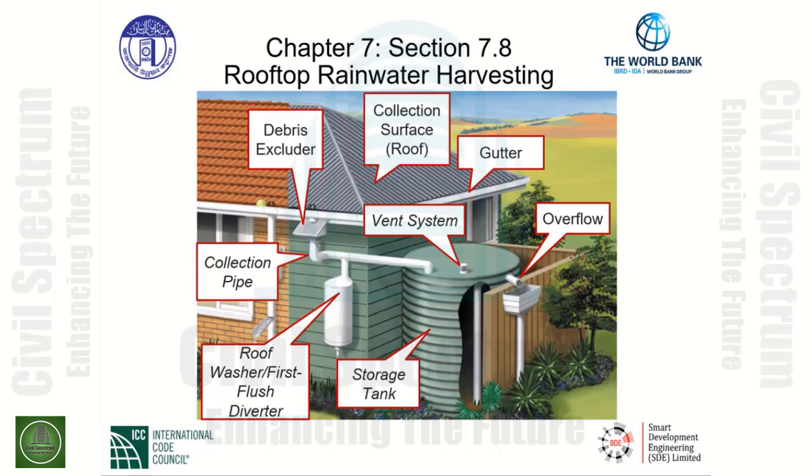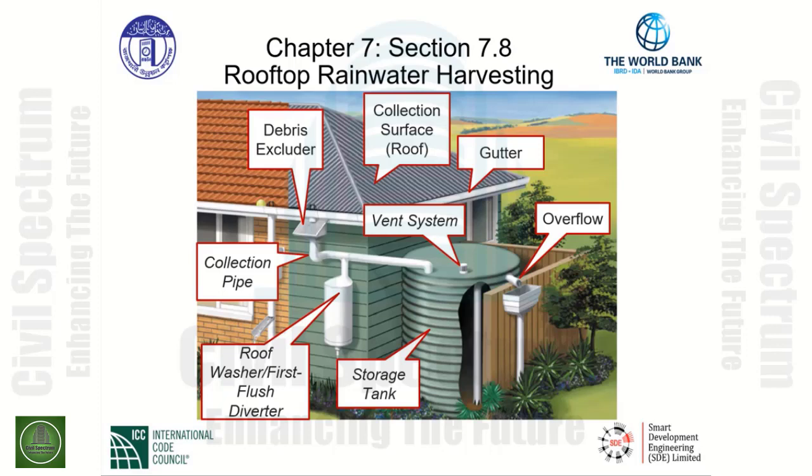After entering the collection pipe, the initial flow that may have flushed contaminants from the roof will be wasted through the first flush diverter. From there, the rainwater will enter a storage tank. The storage tank must be vented to allow the tank to remain at atmospheric pressure as rainwater is added and removed.